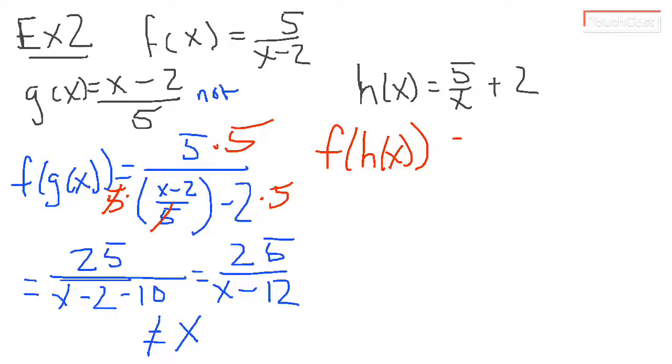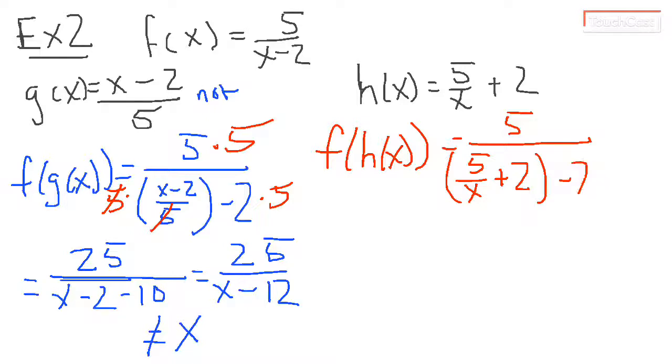So we're going to have 5 over, we're going to replace our x in x minus 2 with 5 over x plus 2. And then we're going to subtract 2 from that.